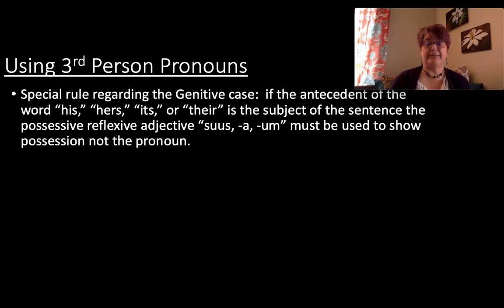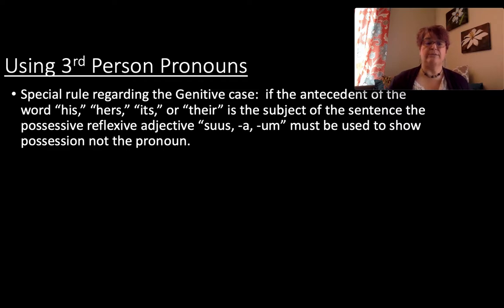When that happens, instead of using eius or eorum, earum, eorum, the Roman author uses the possessive reflexive adjective suus, sua, suum. This is equivalent to meus, a, um and tuus, a, um, noster, nostra, nostrum, and vester, vestra, vestrum, which we saw for I and we and you.